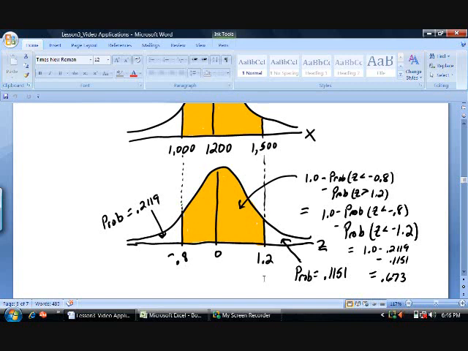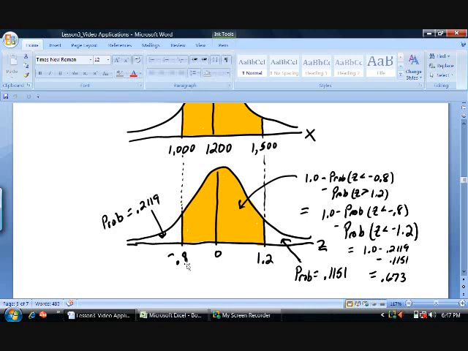Now there are several ways I could do this. I could go into NormsDist distribution, find the probability of getting a value less than 1.2. That would give me all this lower end because it gives me lower tail values, and then subtract out the probability, the white area, of getting a z less than minus 0.8.